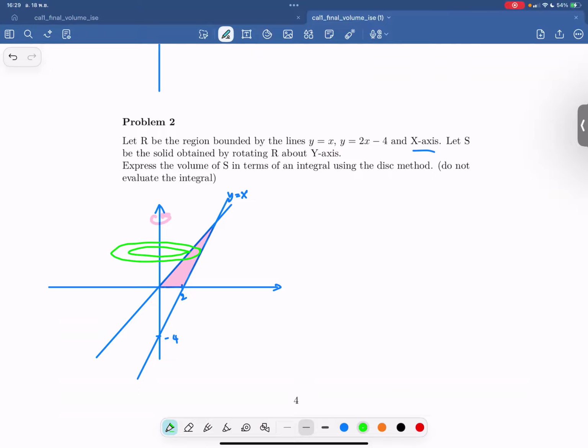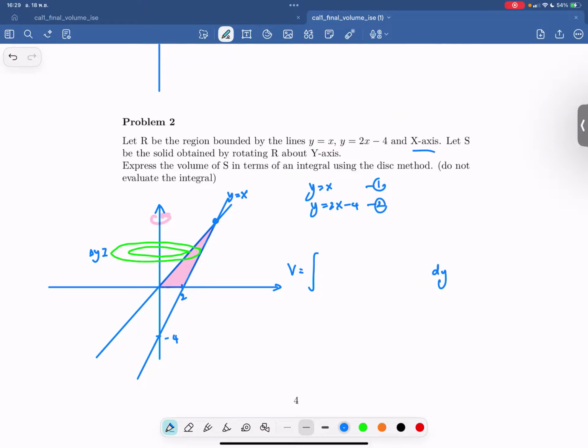So firstly, we may have to find the variable of the integral. The thickness over here is delta y, right? So we have to calculate with respect to the variable y. So next, we may find the boundary of integral by solving the system of equations to find the intersection point.